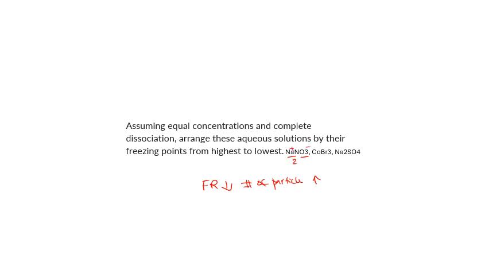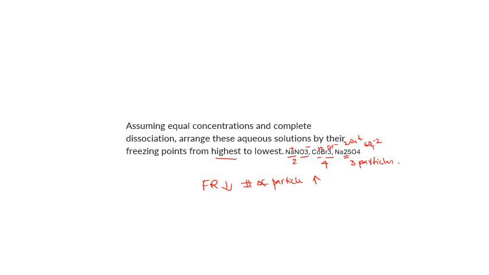And here we have 1 Co ion and 3 Br minus ions, so 3 plus 1, 4 particles here. Here we will have 3 particles, 2 sodium ions and 1 SO4 ion. So 3 particles here.